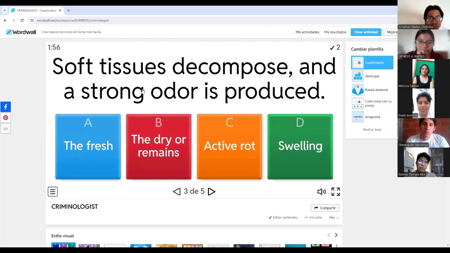Here we have another definition. Soft tissues decompose and a strong odor is produced.